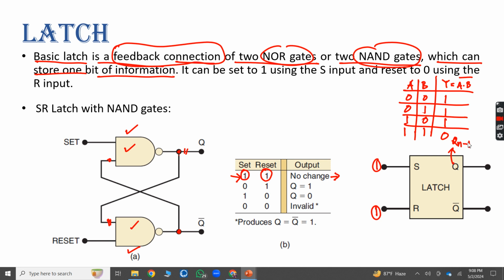That is my Q n minus 1. Since the latch is a memory device, it will have some memory, and since it is 1 bit of information, it can be either 0 or 1, right? It says if you put 1 and 1 here, the output that you will get, Q n now, will be the same as it was before, Q n minus 1.